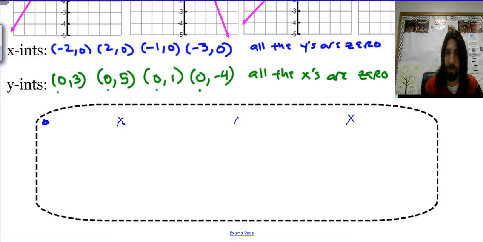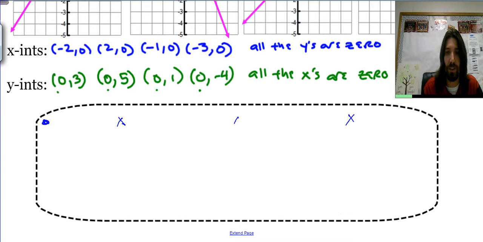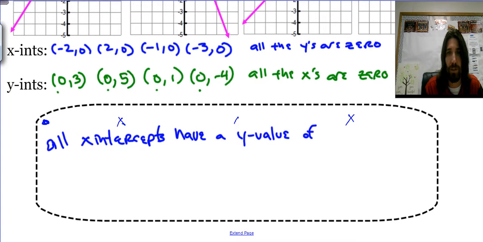Sorry, let's see if I can clear these. What you want to write down in your notes is what is true about all x-intercepts and what is true about all y-intercepts. So what I know is that all x-intercepts have a y value of 0.